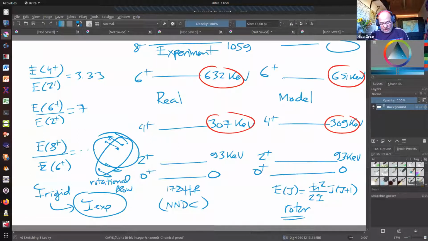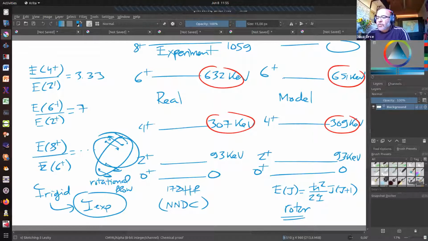I'm sure there's a nucleus that looks much better than what we have calculated right now. We have chosen 178 hafnium, but we could have chosen something closer to our rotational picture, right?